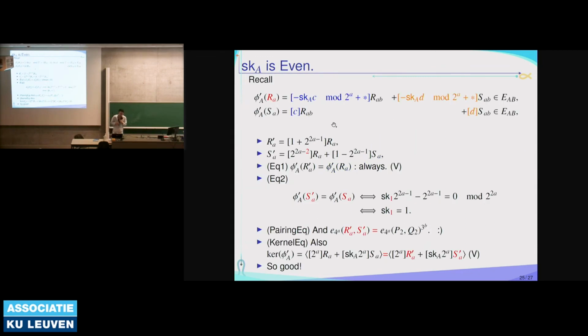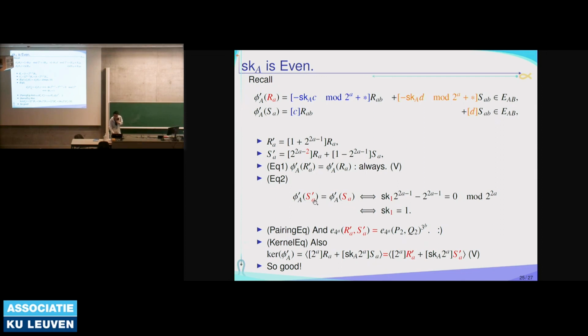So if SK is even, then what we do here is that we find the special RA prime and SA prime of the following form. I wrote something in yellow, which means that I will explain it a bit later. And then we check the first equation, and the first equation in this case will always hold.